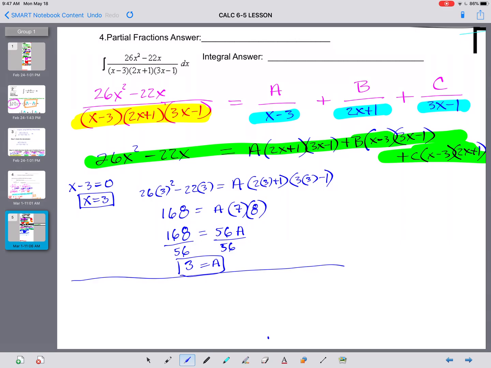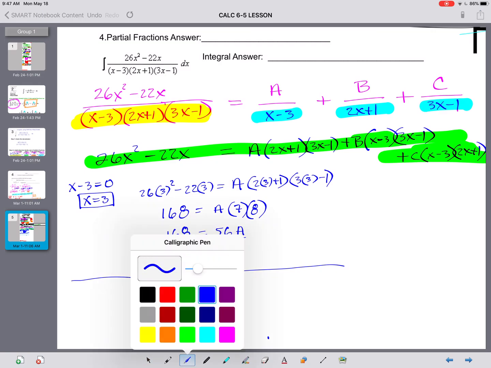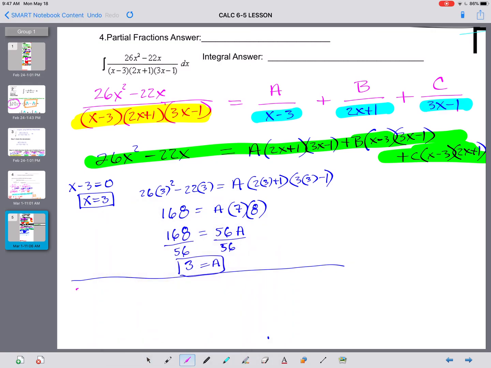Now let's get the next one. Set 2x plus 1 equal to 0. 2x equals negative 1. Divide through, x equals negative 1/2.